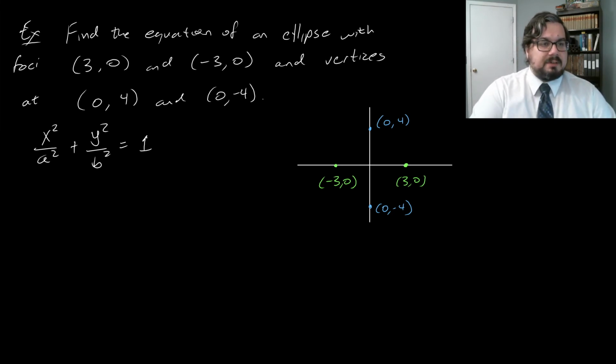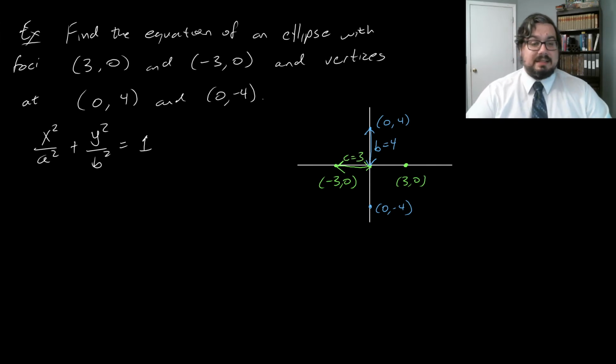We're given that the distance from the origin to a vertex along the semi-major axis is 4, and that's going to be b. Furthermore, we're told that the distance from the origin out to a focus is 3, and that's c here.